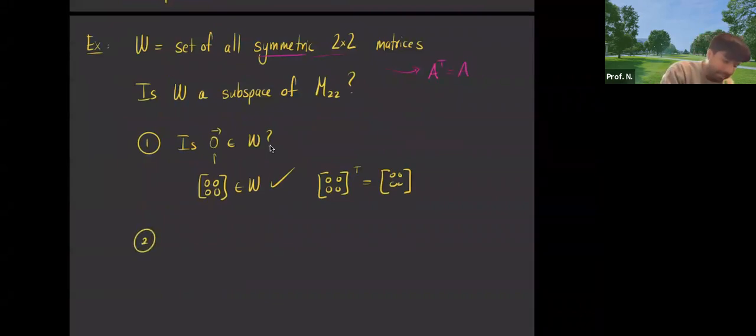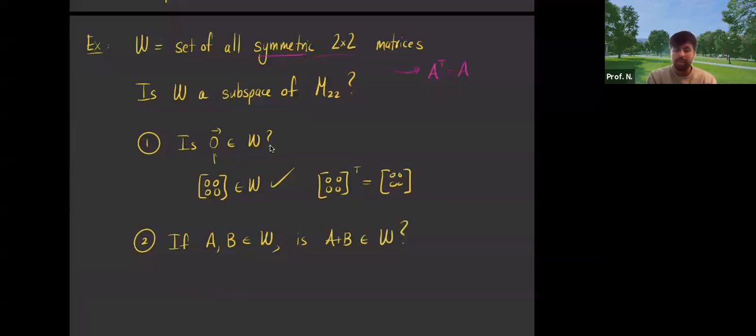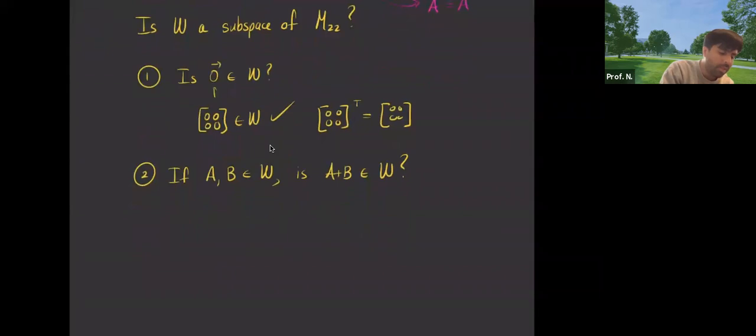Second, I'm going to use capital letters for this. If A and B are in W, what does that mean again? That means I have two symmetric matrices. Is the sum A plus B also in W? In other words, if I add two symmetric matrices together, will the result still be symmetric? Do you see how we're using this generalization and applying it to this particular example?